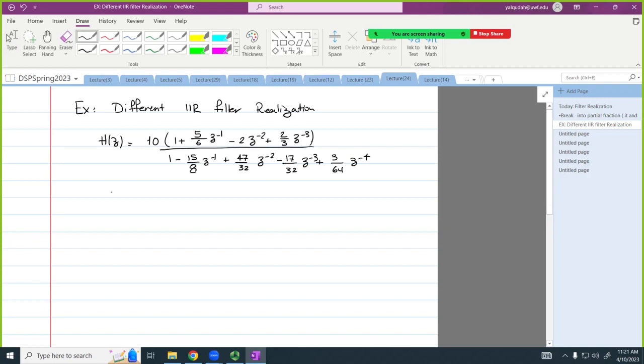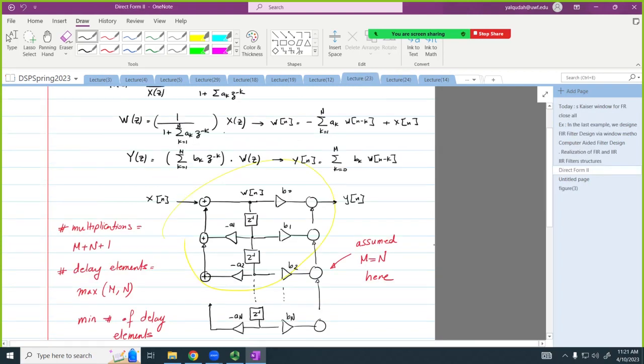The first form is the direct form 2. We're going to have x of n, and we can use the signal flow graph to represent this, so it's easier to plot. In this form, if you remember, we have an intermediate variable w of n, and this will have the numerator coefficients and the denominator coefficients.